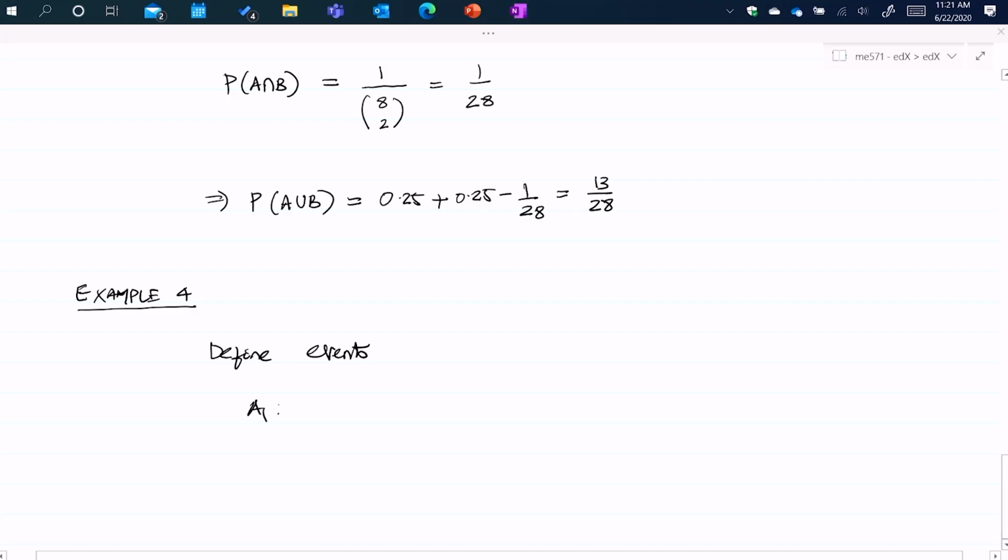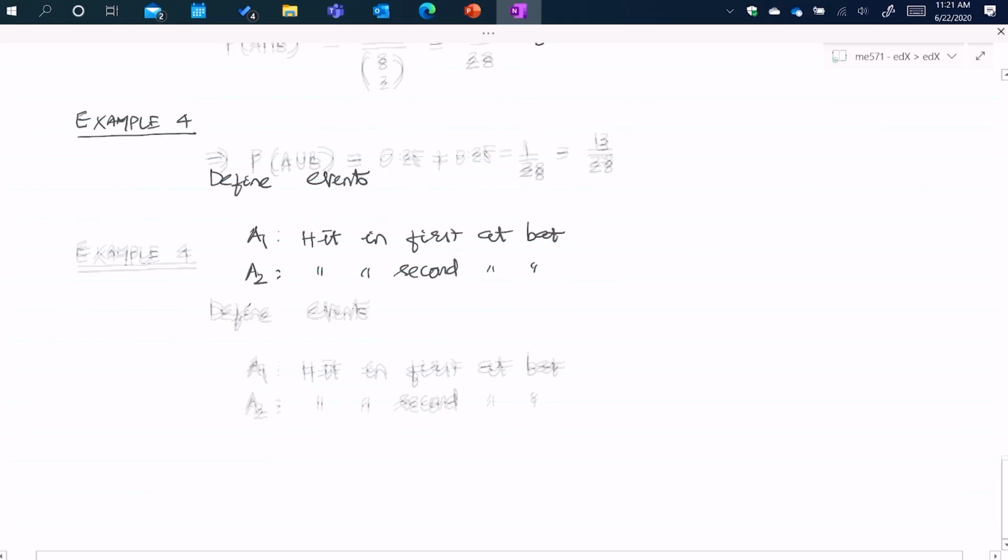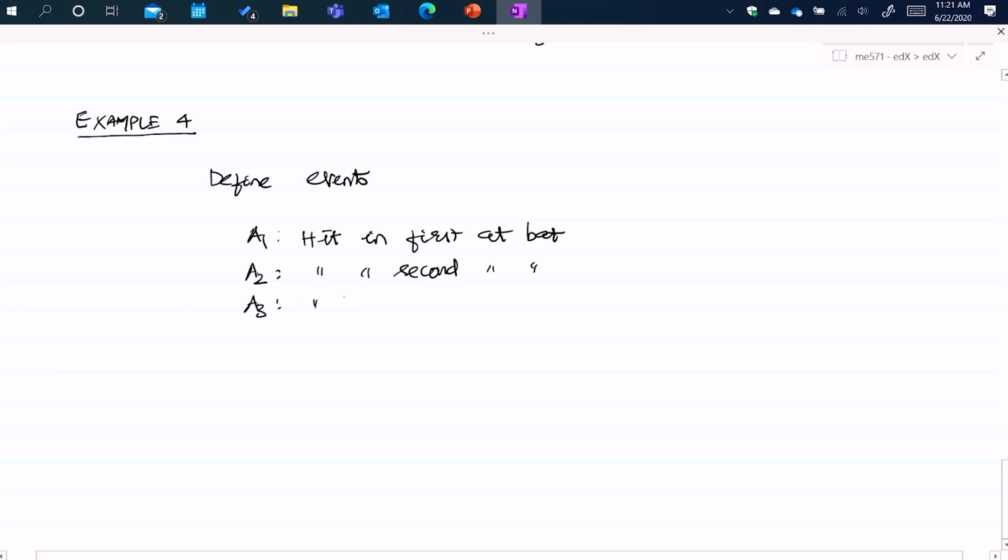Let's define A1 as hit in the first at-bat, A2 as hit in the second at-bat, and A3 as hit in the third at-bat. So this is a simple event.